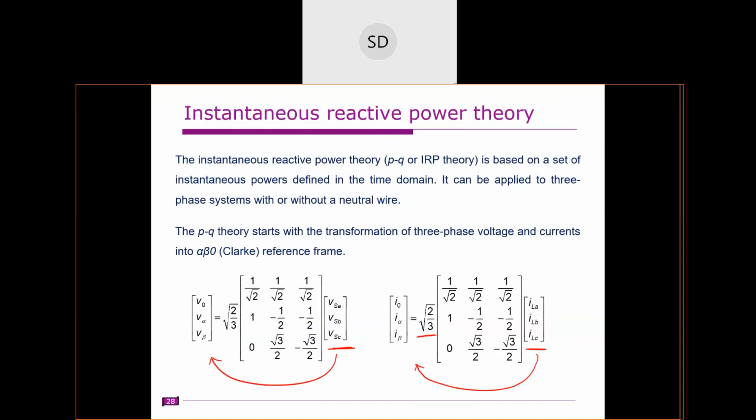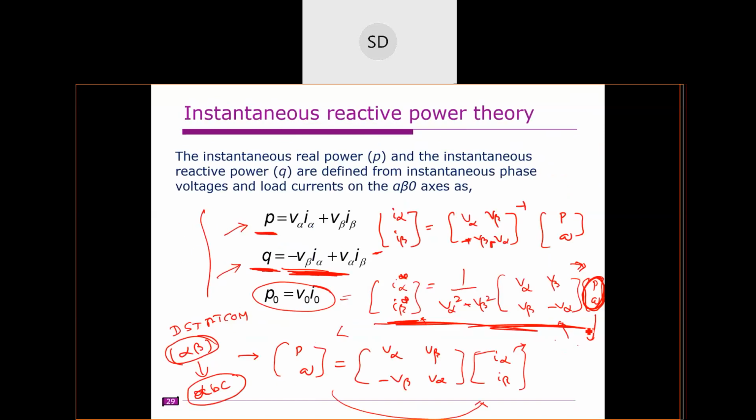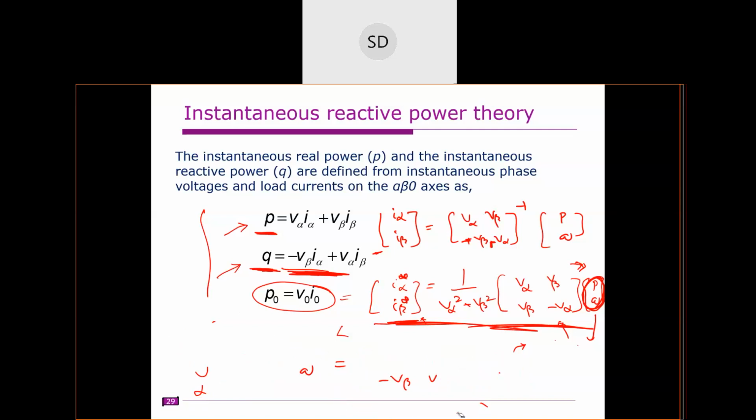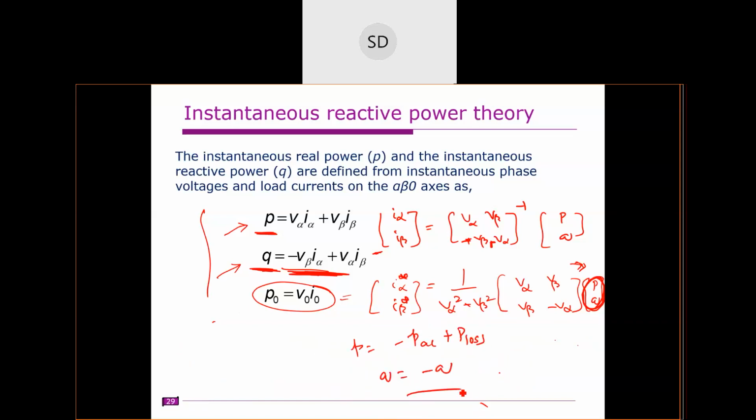So in place of P and Q, I will erase this. Now this P will be minus P_AC plus P_loss, and Q is minus Q. Is it clear?